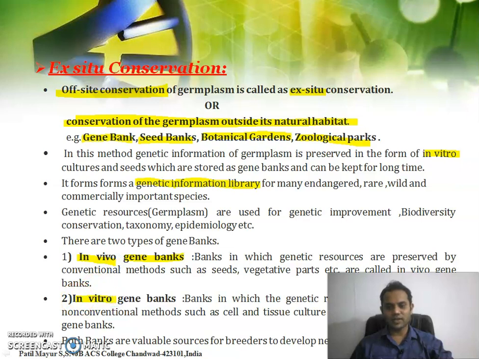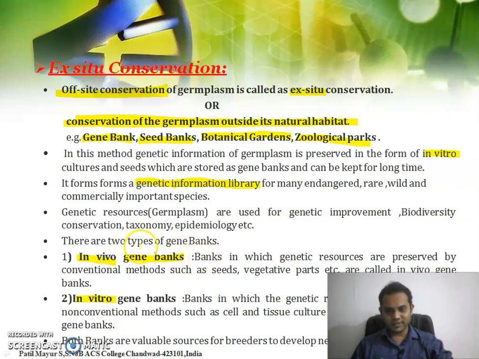As I told you earlier, in vitro means in lab condition, outside the natural habitat. Okay, and in vivo is opposite to that. In vivo means in their natural conditions.